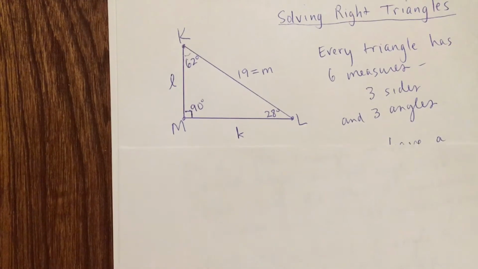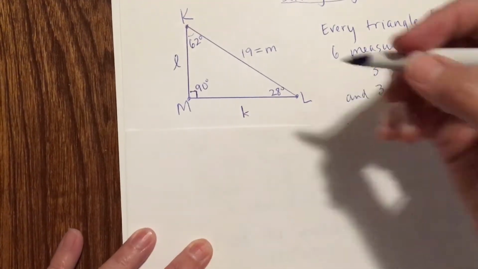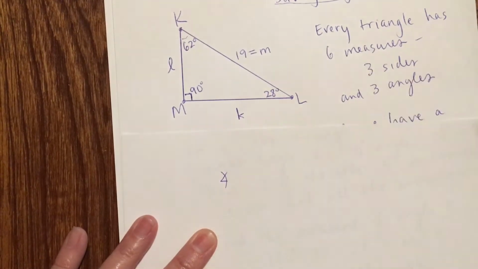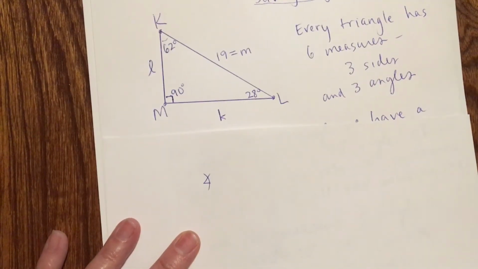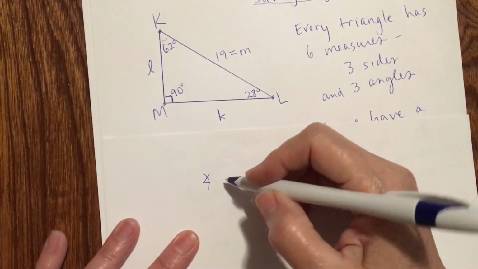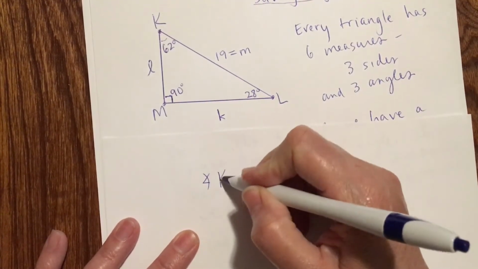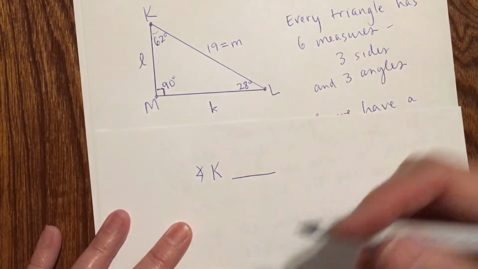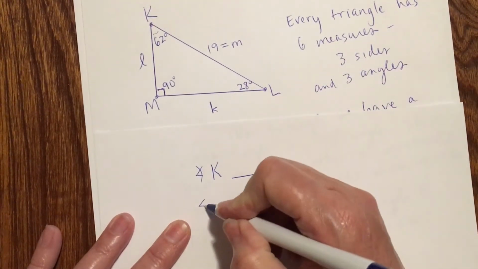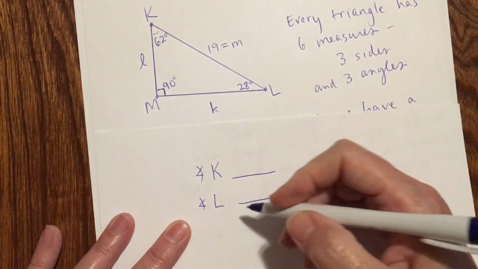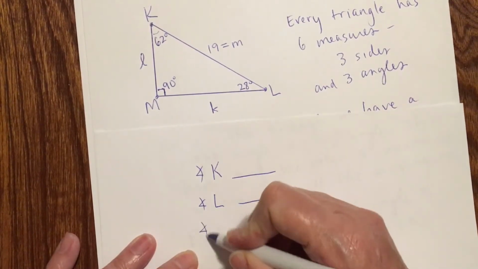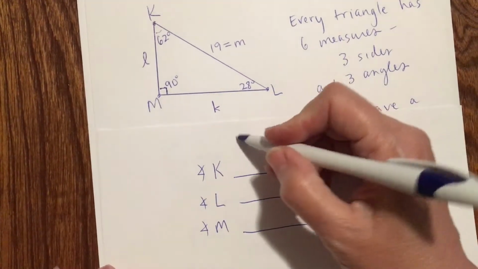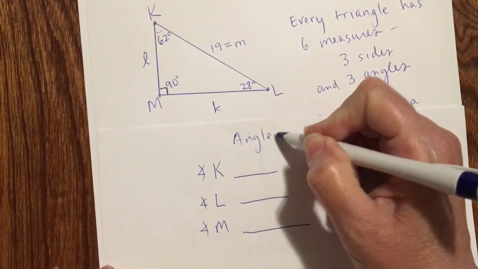On problems where I'm solving a triangle, looking for the measure of everything, what I'll usually do is something like this. I'm going to write the angles, in alphabetical order just because it makes sense. The measure of angle K, I'll put a blank for me to put the measure in. They gave me L, but I'm going to put L in there as well. And they gave me M, the right angle. There are my angles. I'll write the word angles above that.